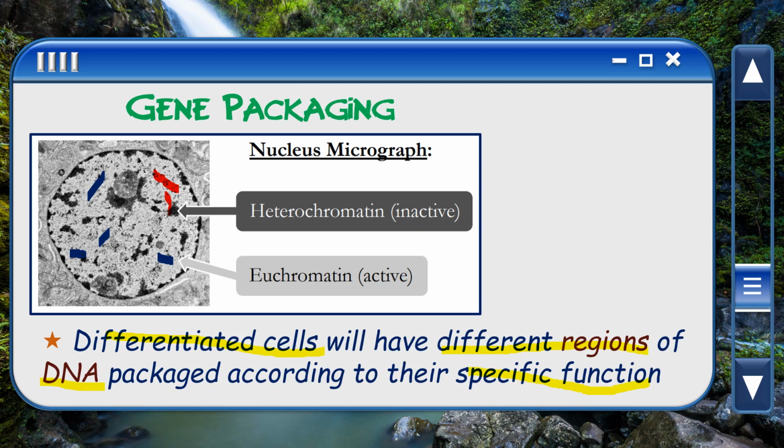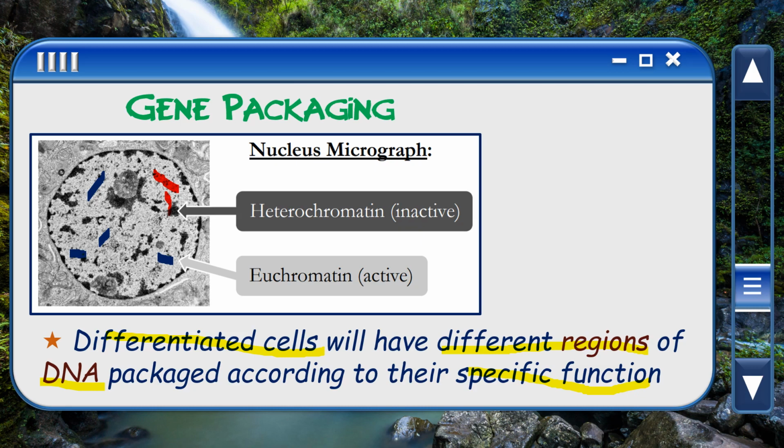So that particular type of cell is specialized, and inside its DNA, it is packaged in such a way that the active genes are packaged in a loose way so that they are accessible.